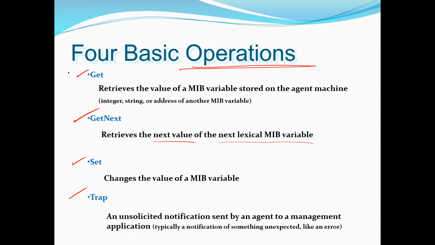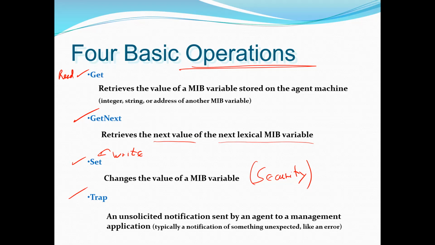Set: get is reading, and this would be write data, right? So writing your data there, set, changes the value of an MIB variable. Remember, because of security, this is probably not recommended at all, but you know the capability is there, so you can take a look at it.